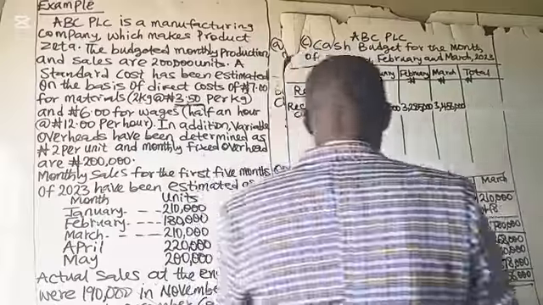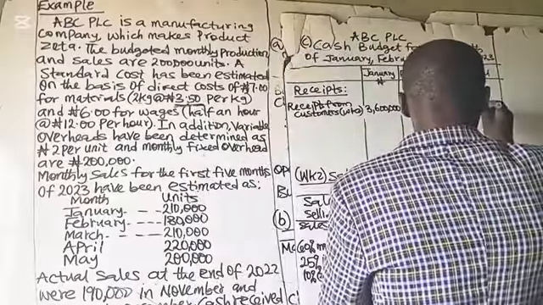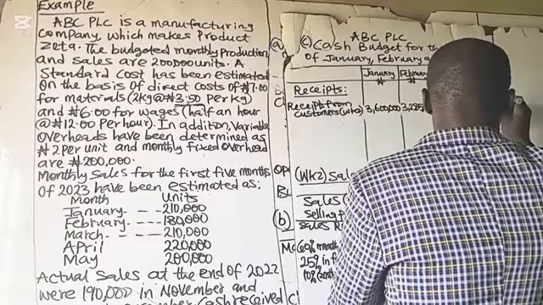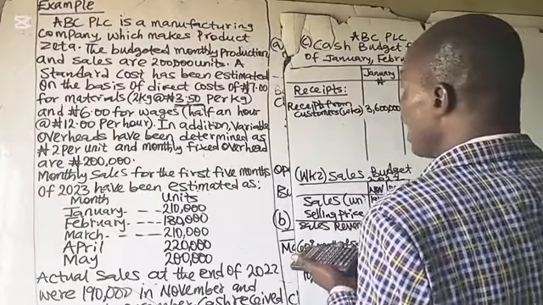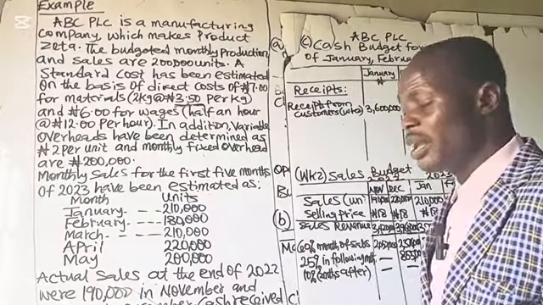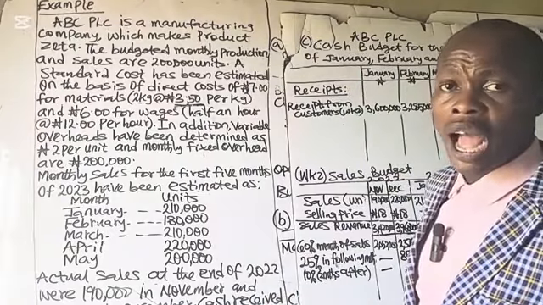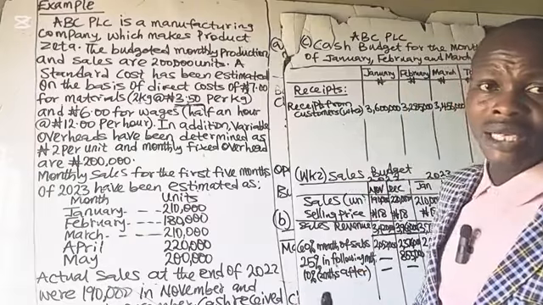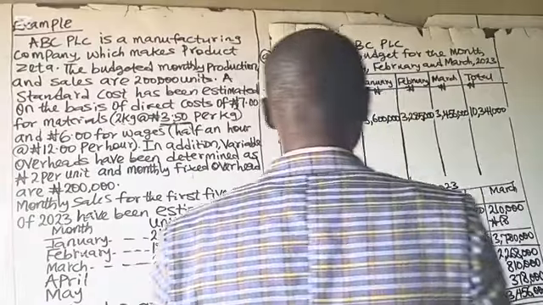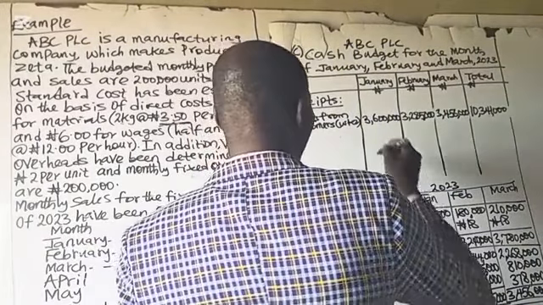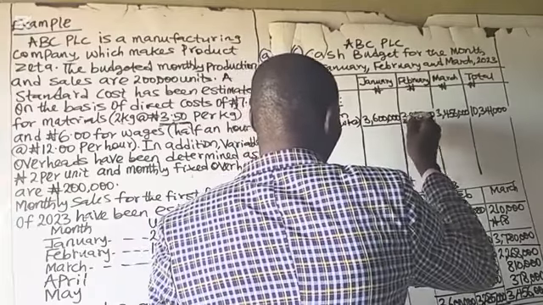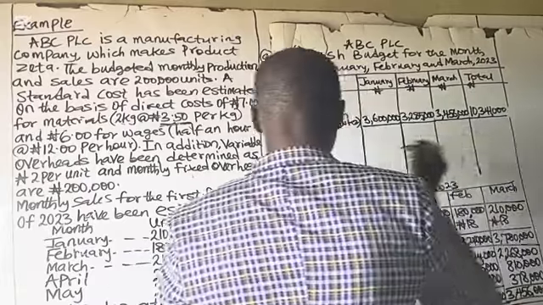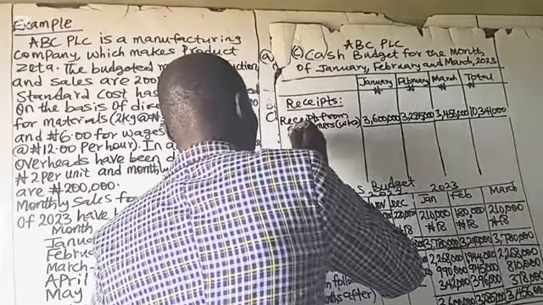And the total is 10,341,000. Now, let's go through the question to ascertain if there are other items of receipts that need to be included in our cash budget. Since there are no other items of receipts, we consider the payments.